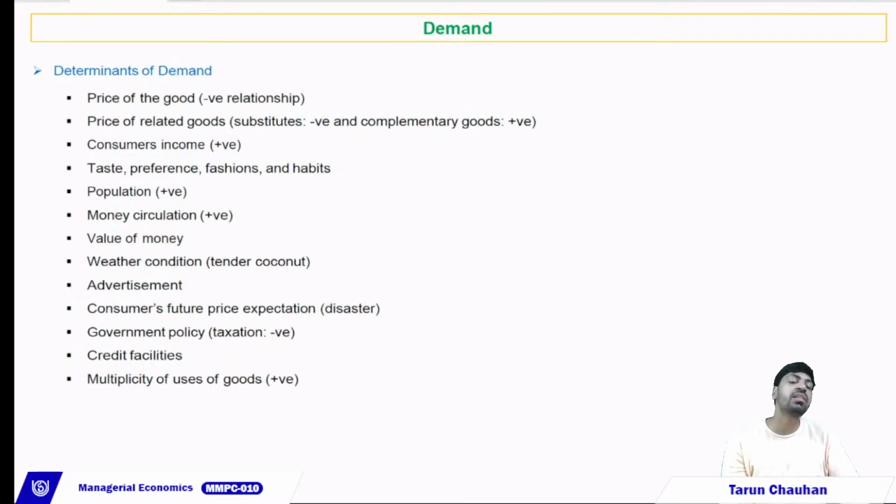That's the main reason there is a positive relationship between the multiplicity of uses of goods, the more and more uses of goods, and its demand. So these are all the factors and determinants which influence the demand in each way.